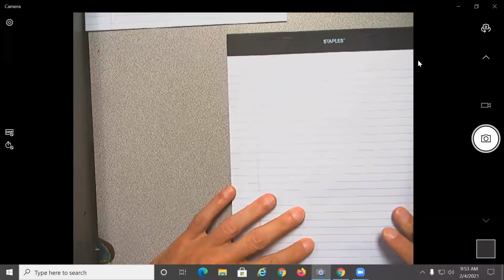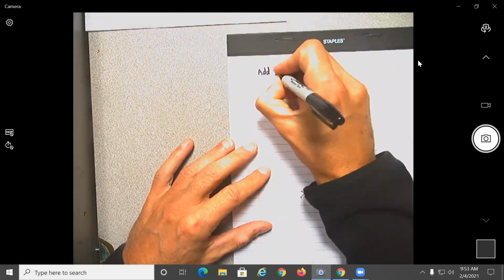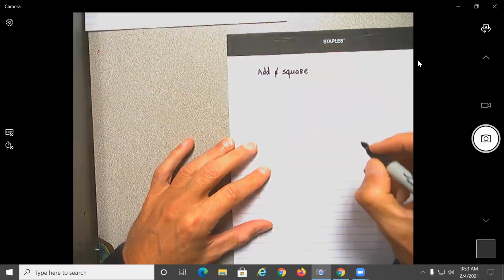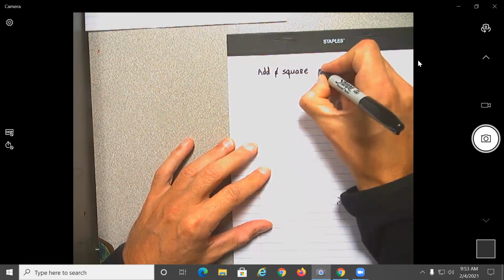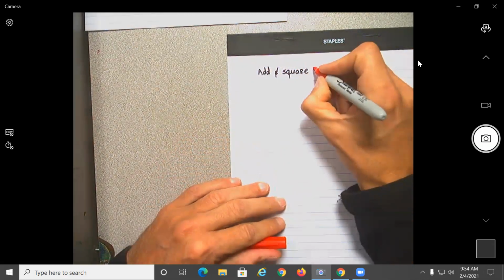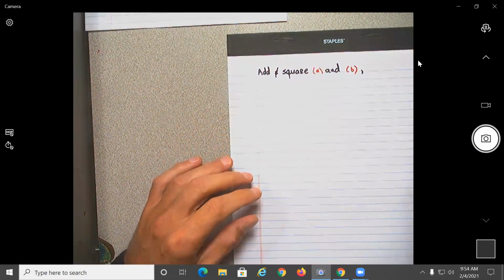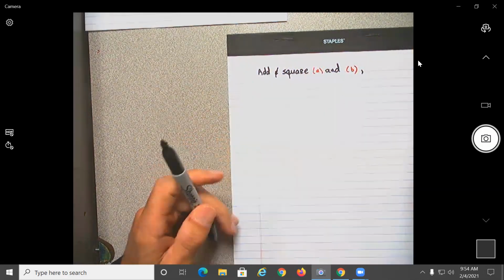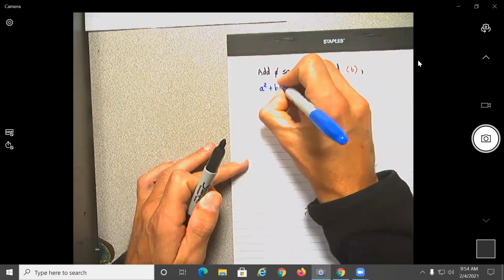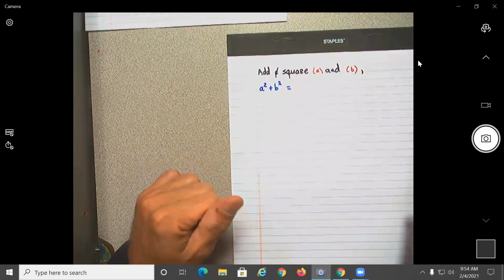Basically, just to show that if we add and square A and B, so we're going to do A squared plus B squared. That would be equal to what?